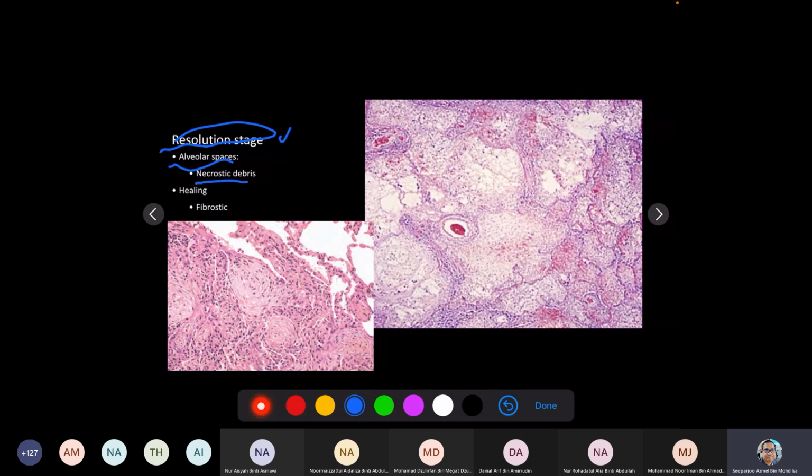And over a longer time, you can see that there will be some healing with fibrotic scar within the lungs. For example, in this one, this is one fibrotic scar, this is another one, this is another one.